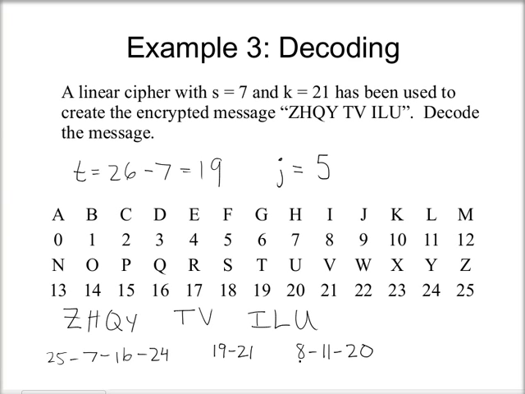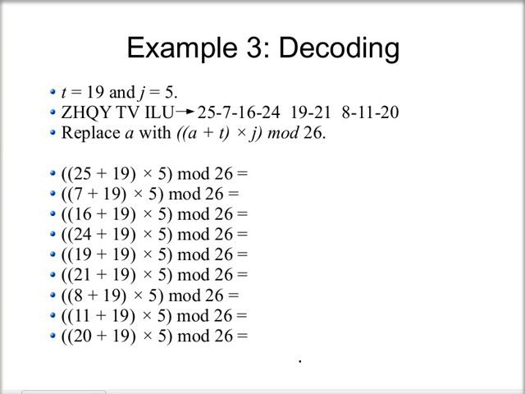Now I need to do my modular arithmetic to find out what numbers those are going to be replaced with. So I just go through, and for each number I see up here, I need to replace that with the number plus 19 times 5 mod 26. This is my rule for decrypting a linear cipher. So for 25, I'm going to get 25 plus 19 times 5 is 220.